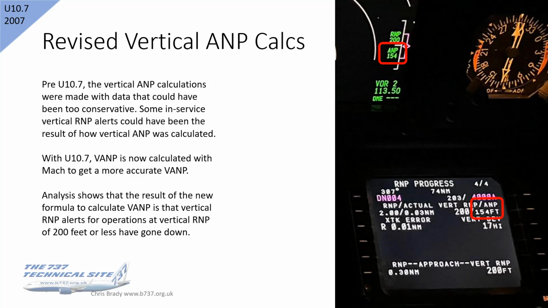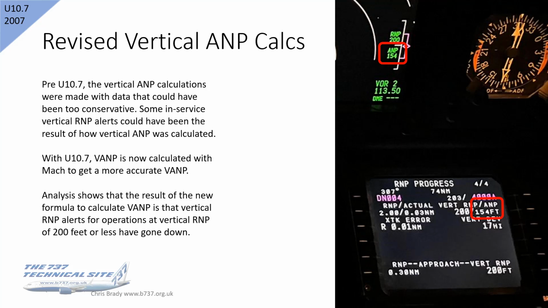The vertical RNP calculations were revised in 10.7. Previously, vertical RNP calculations were apparently made with data that could have been too conservative, and some in-service vertical RNP alerts could have been the result of simply how it was calculated, rather than being a genuine exceedance of RNP.